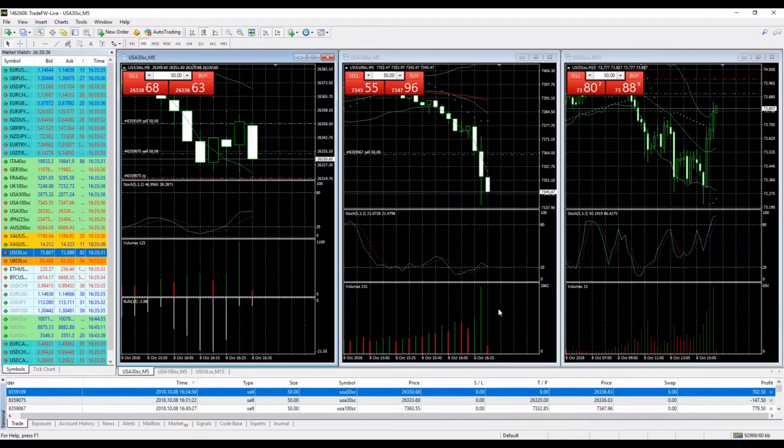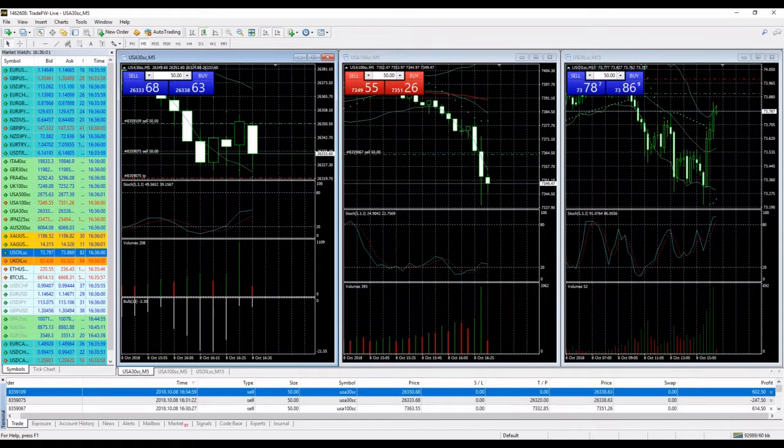On USA 100, we get a strong move. Oil is giving us a strong move up. Guys, get ready to hit some take profits. I increased my exposure on USA 30 and am making $600 right now on that position.